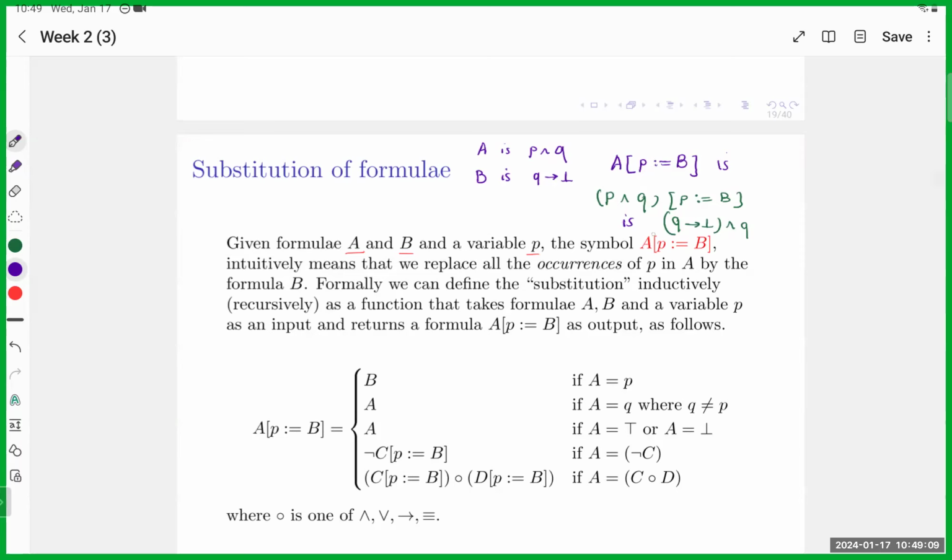So this is the substitution of P with B inside A.